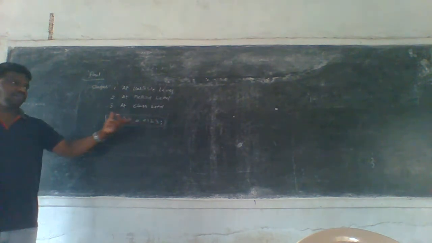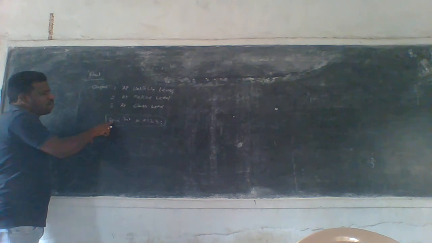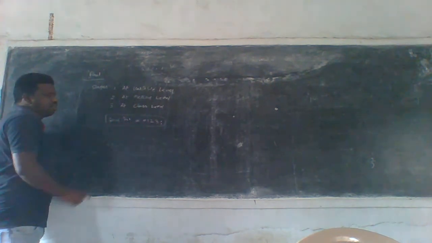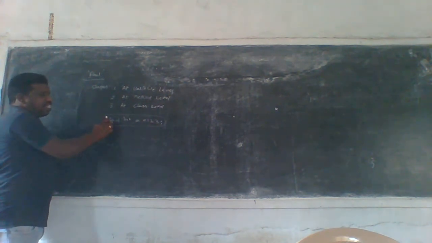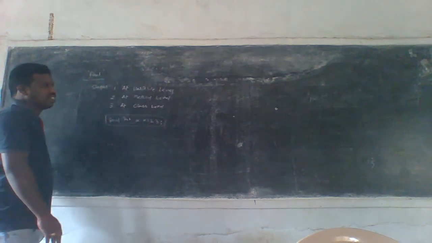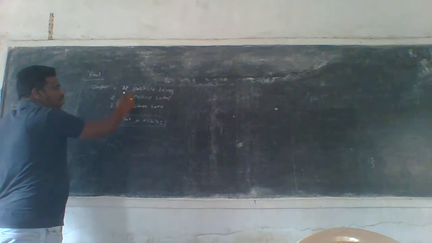Whenever I place the final keyword before the variable, that variable is known as a constant value. This is at the variable level.